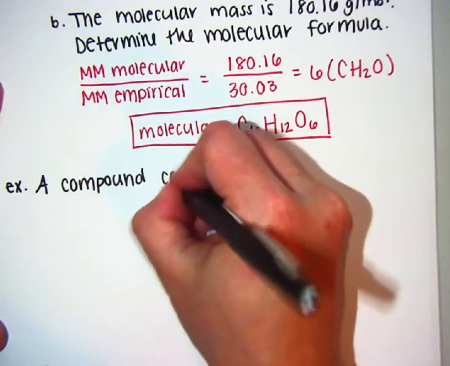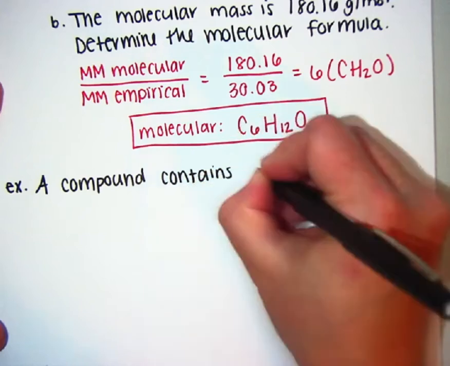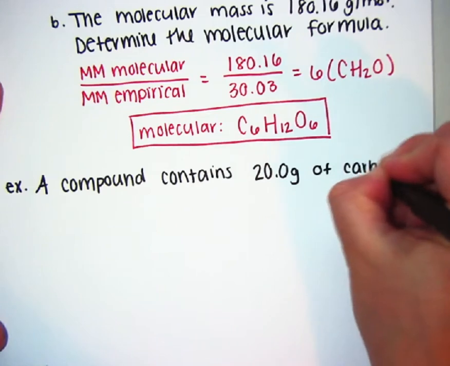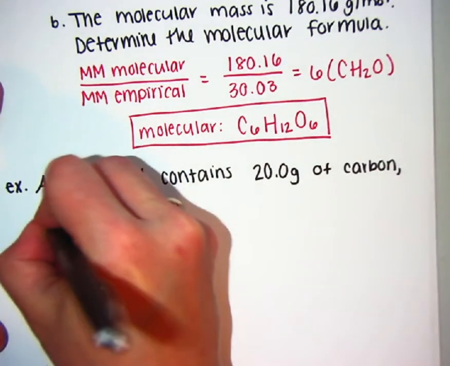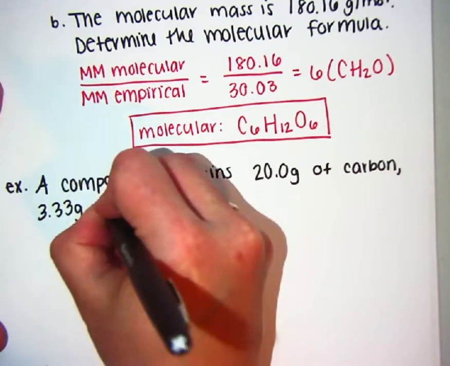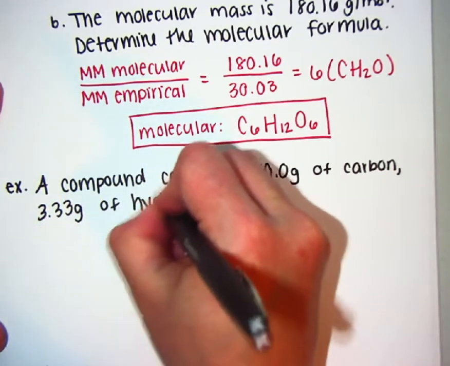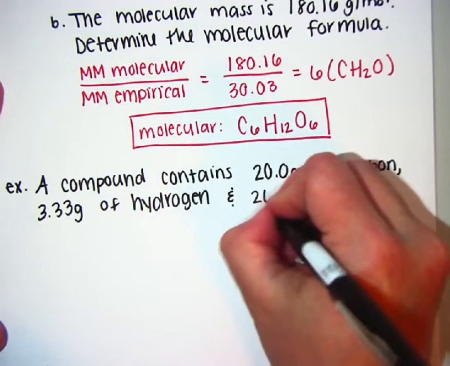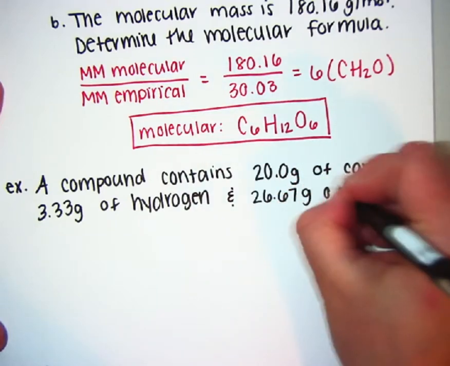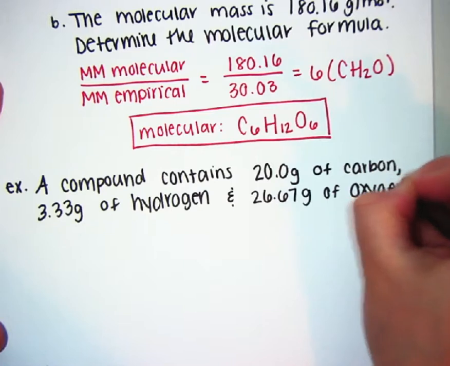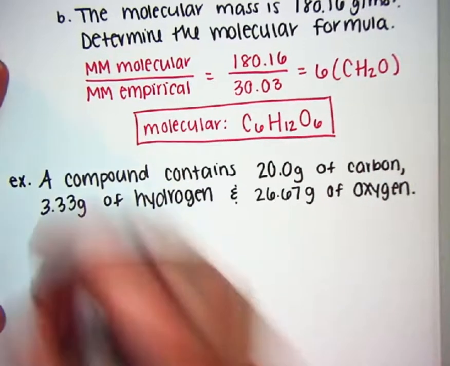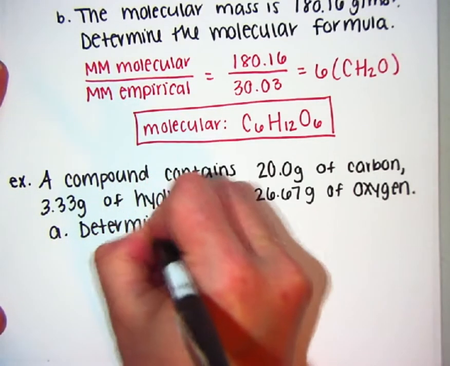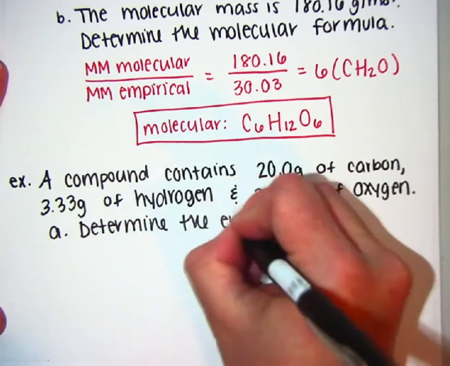A compound contains 20 grams of carbon, 3.33 grams of hydrogen, and 26.67 grams of oxygen. So first, we will determine the empirical formula.